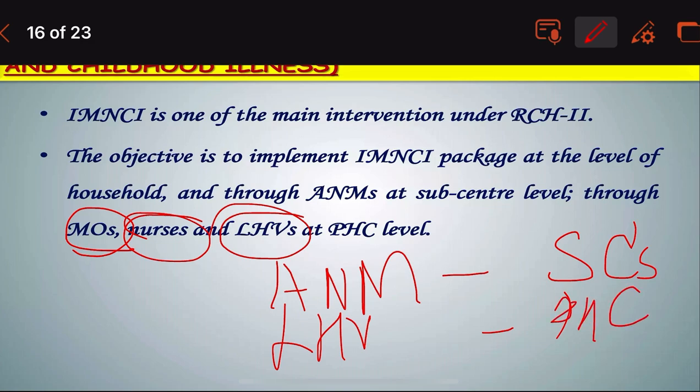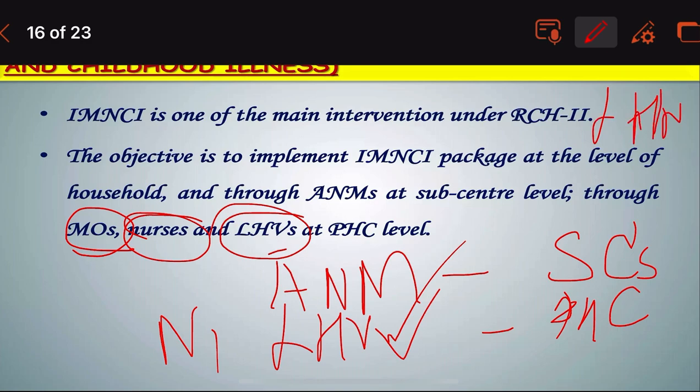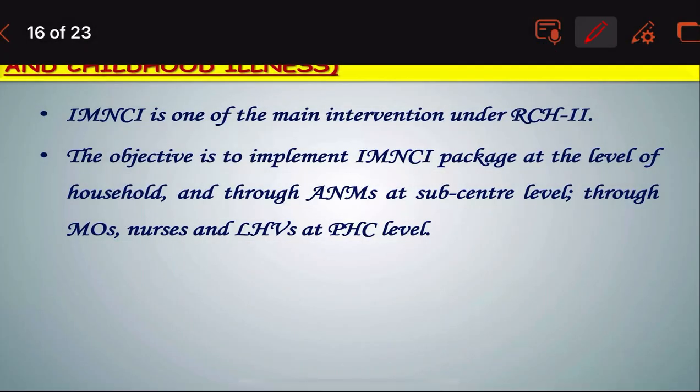At the PHC we have nurses and lady health visitors. We have link health workers, LHW, and LHN, LHVs, where V stands for visitor, at the PHC level. Clear, guys?